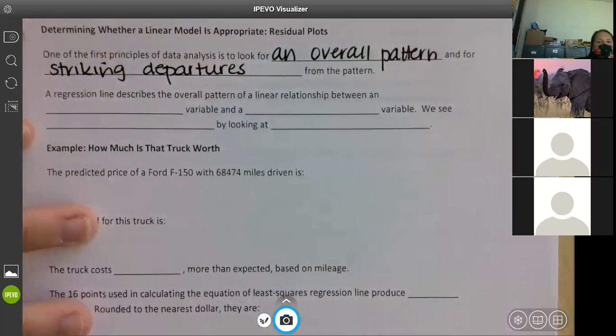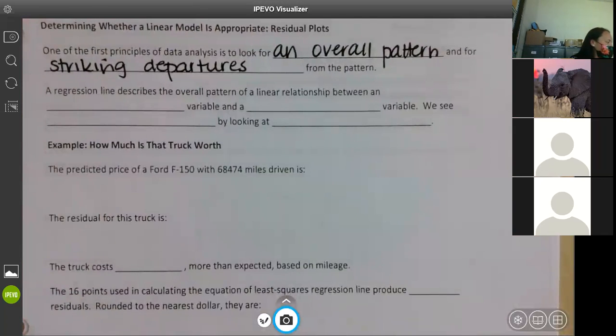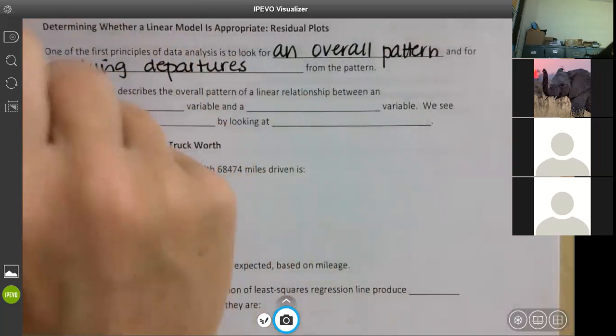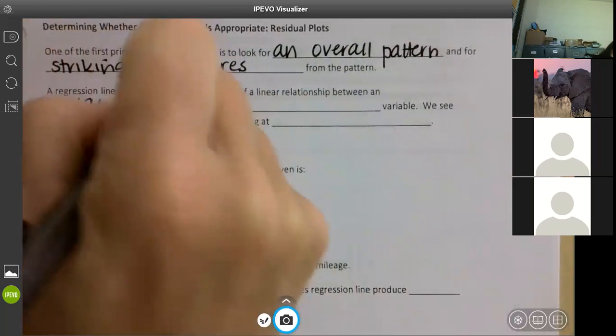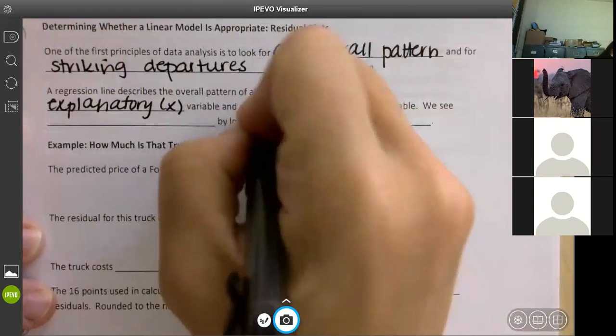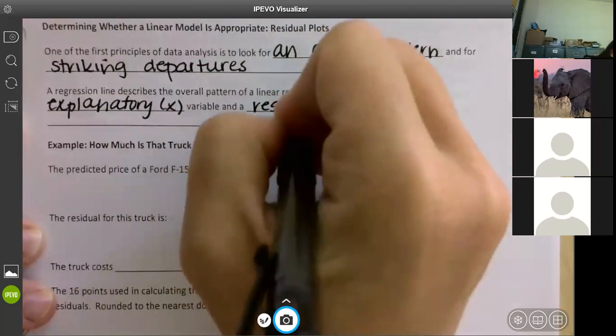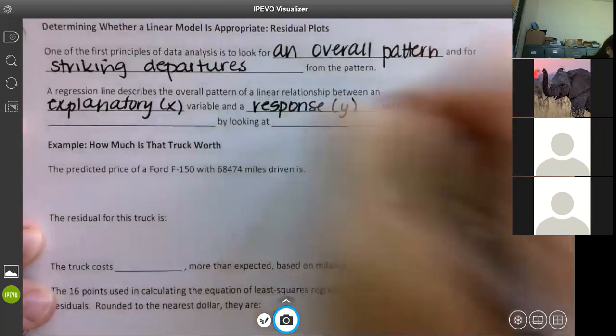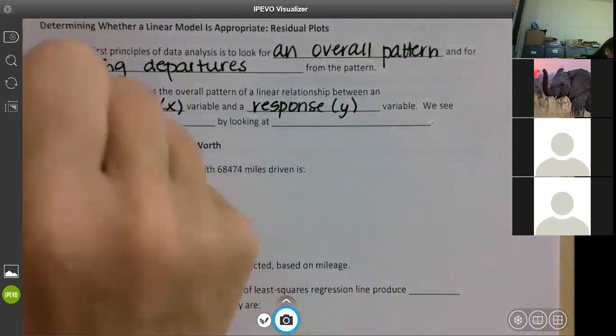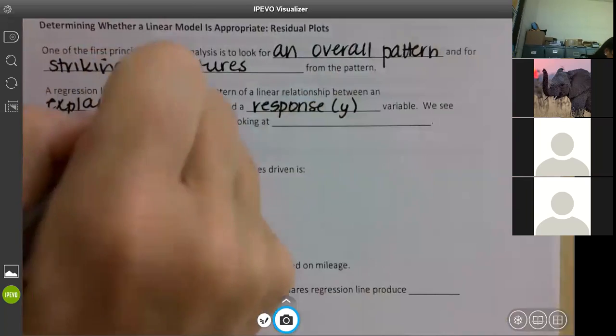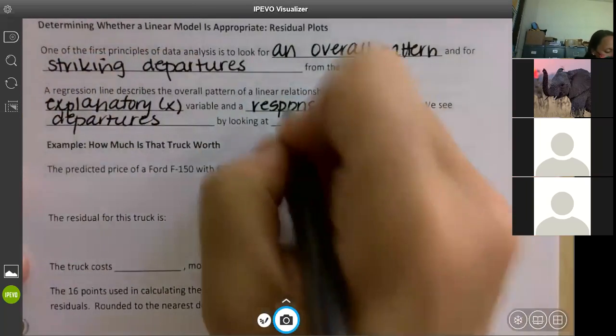A regression line describes the overall pattern of linear relationship between an explanatory and a response variable. We see departures by looking at residuals.